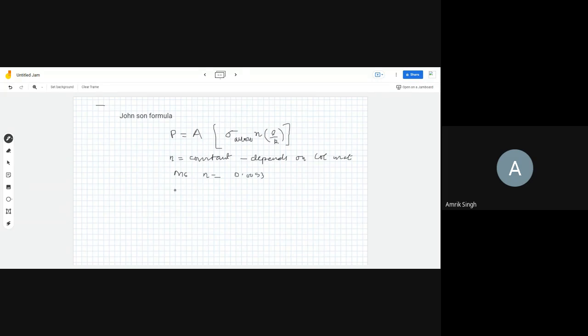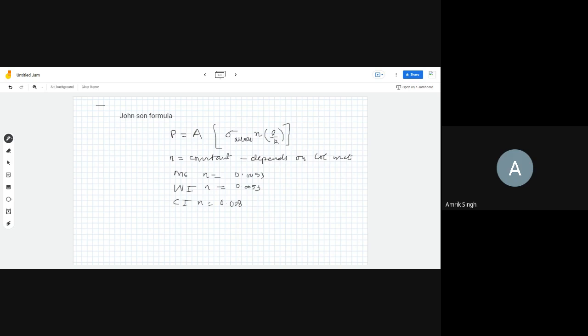For wrought iron, n is again the same, and for CI, cast iron, n is equal to 0.0.